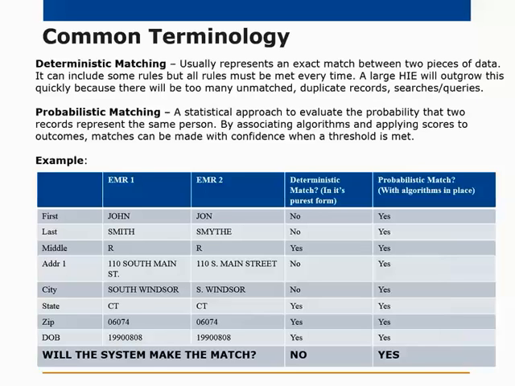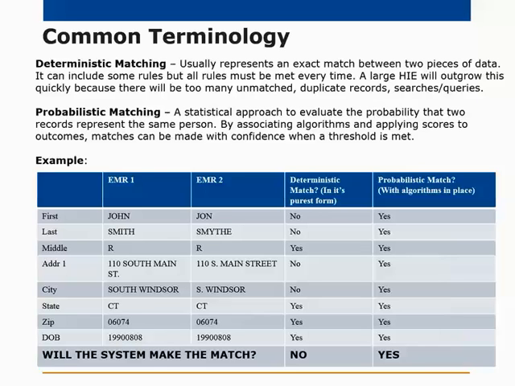Okay, so then we get into this example. I'm sorry, I get gabbing about this, and I'll try and stay on track. The deterministic and probabilistic, you can see here with these two examples, we have John Smith and John Smythe, and depending on, maybe they are the same person.